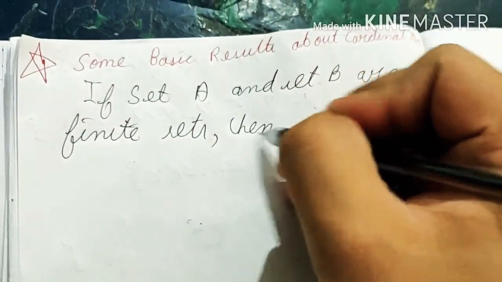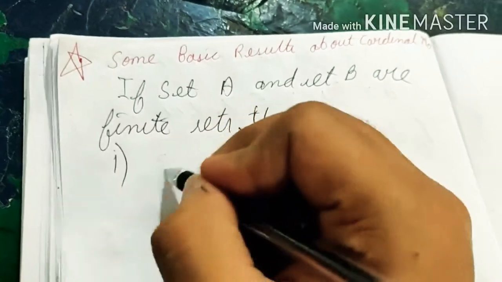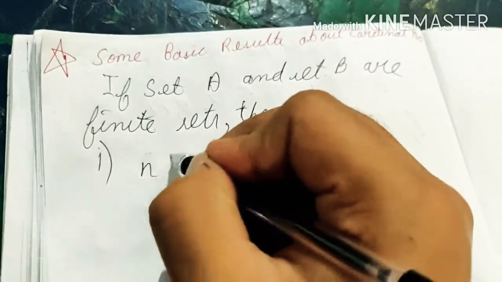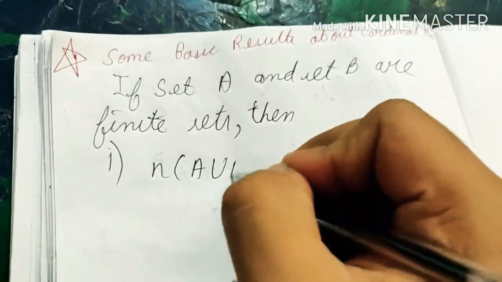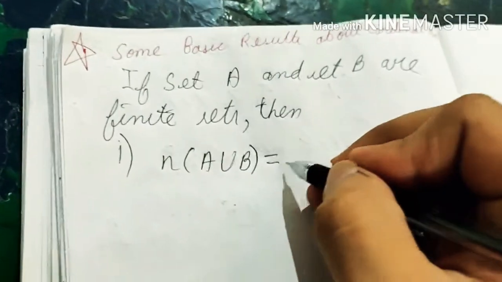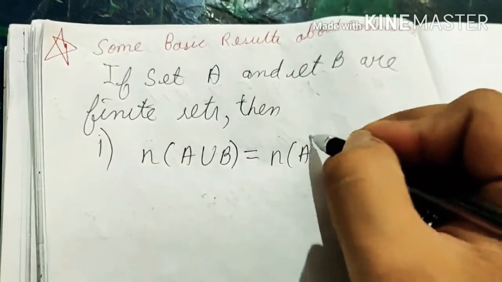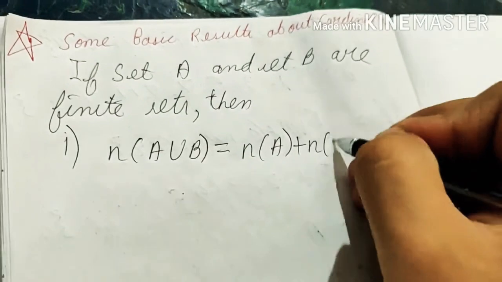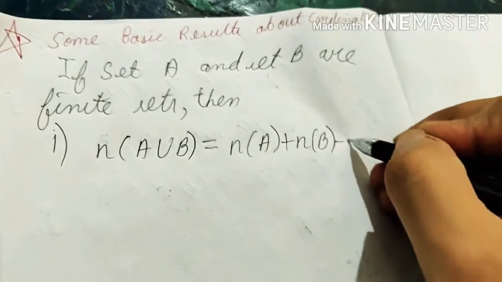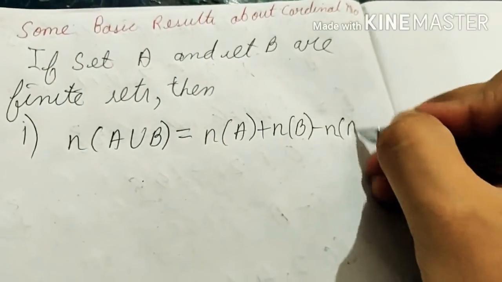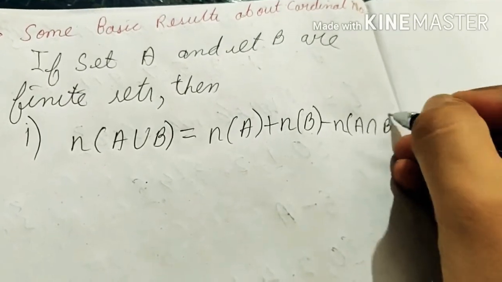If they are finite sets, then the first thing here is n of A union B. Cardinal number of A union B is always equal to cardinal number of A plus cardinal number of B minus cardinal number of A intersection B.